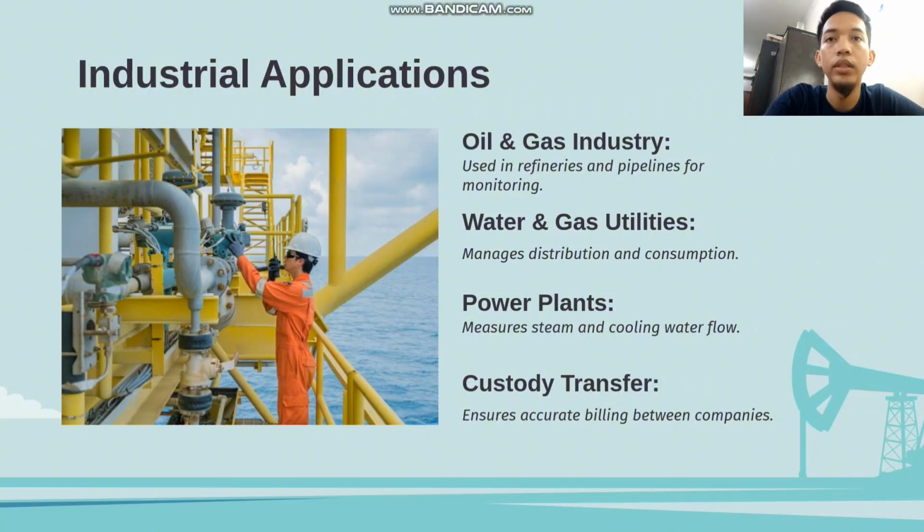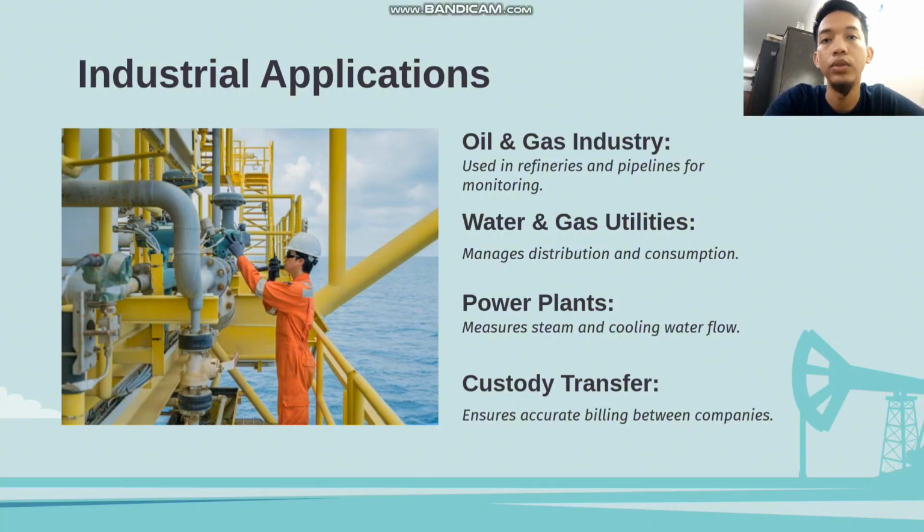In water and gas utilities, flow meters manage the distribution and consumption of these resources. This helps provide reliable service to customers. Power plants also use meters to measure the flow of steam and cooling water. Accurate flow measurement is important to maintain plant performance and safety.